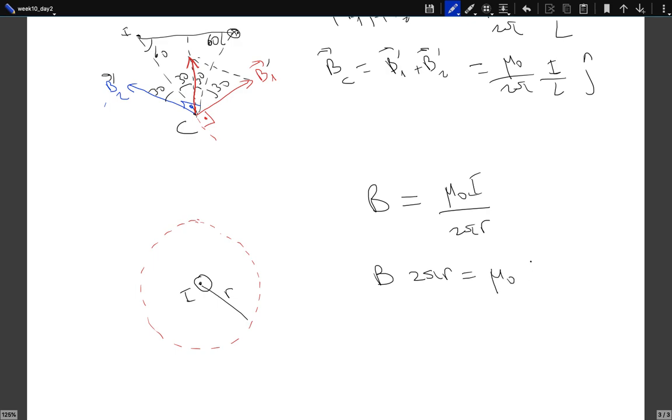This is mu0 times I. Well, the nice thing about this one is that the right-hand side doesn't depend on r. No matter how large a circle you take, if you multiply B with the circumference of that circle, you get a constant, no matter how large you take your circle to be.